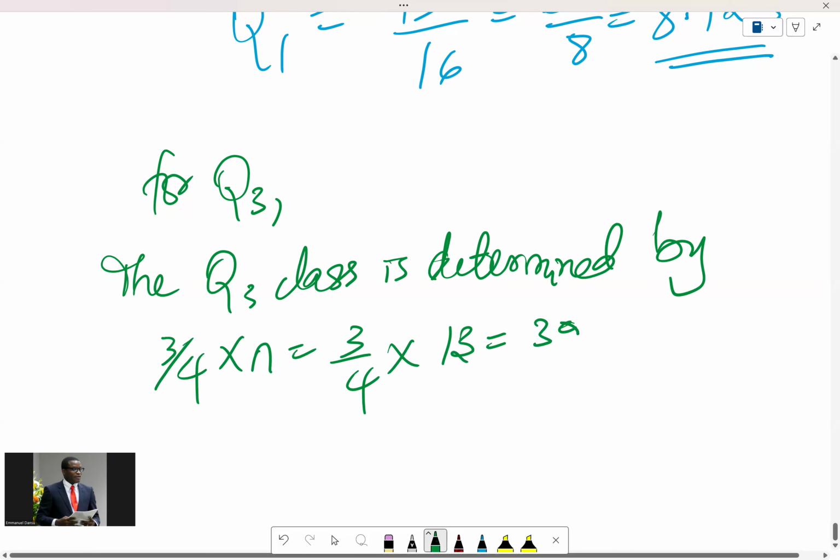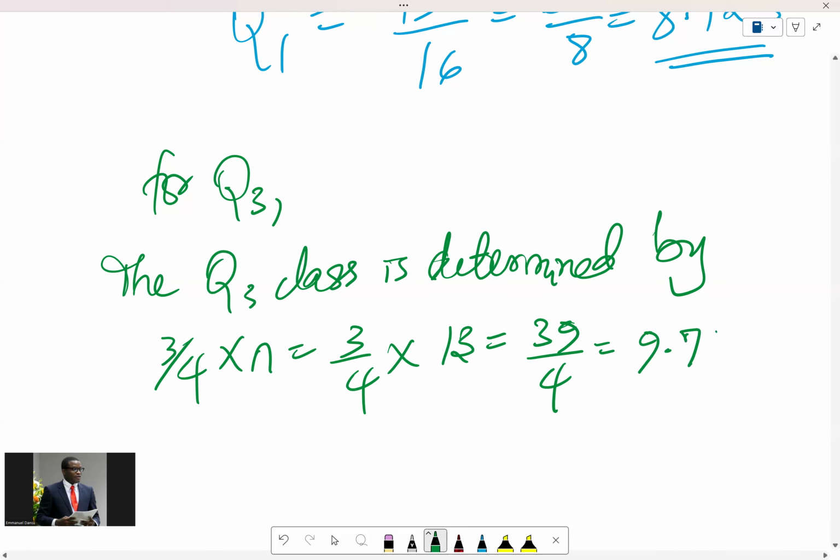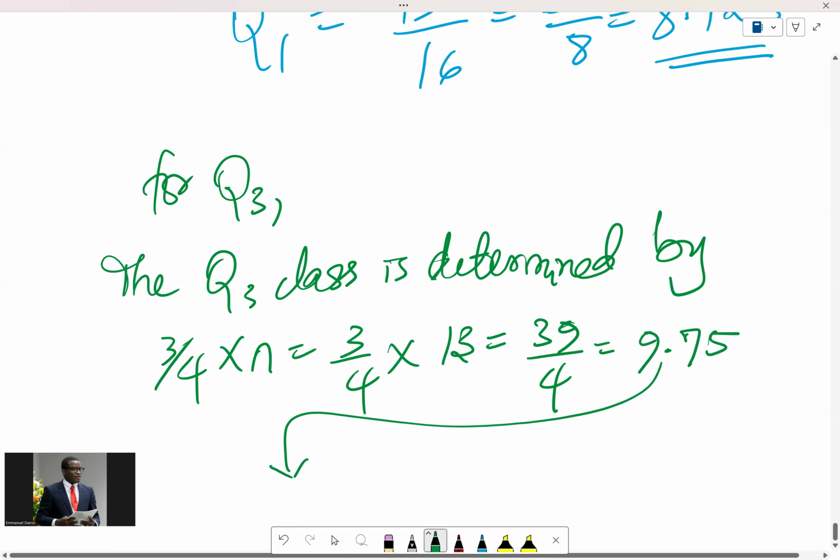That is 39 over 4. Excuse me, 39 over 4 is 4 in 39 is actually 9, right? 4 times 9 is 36. 3 over 4, that's 9.75.